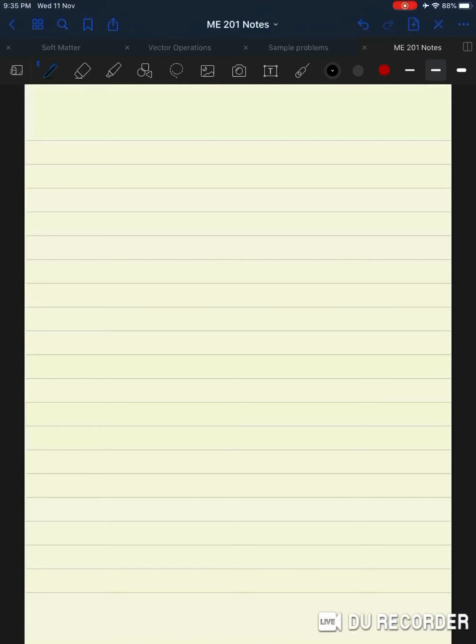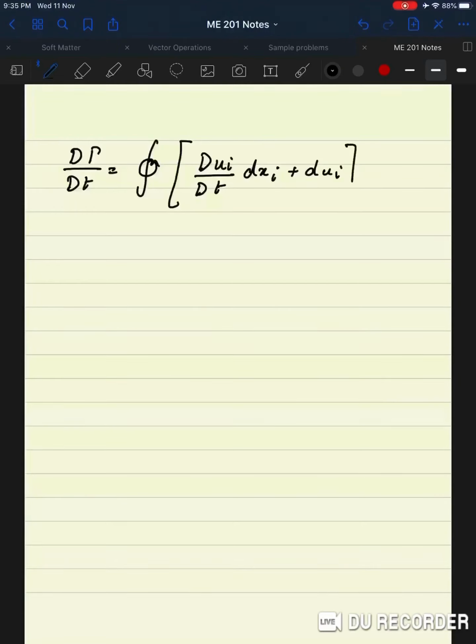What we have now is dΓ/dt equal to the integral over du_i/dt dx_i plus du_i, right? Okay. Now what is this? This is known to us. Is it known to us?